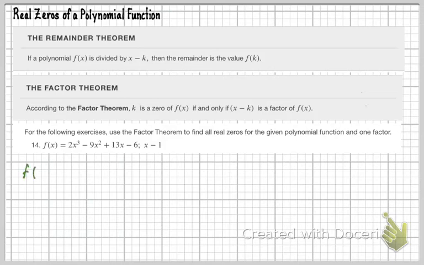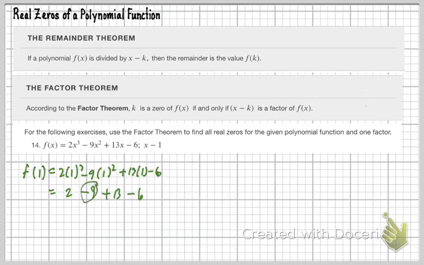So that's going to be f(1), because this would plug in a 1 there, that makes it 0. So this is going to be 2 times 1 cubed minus 9 times 1 squared plus 13 times 1 minus 6. So now this is going to be 2 minus 9 plus 13 minus 6. If I look at all my positives, that's 15.